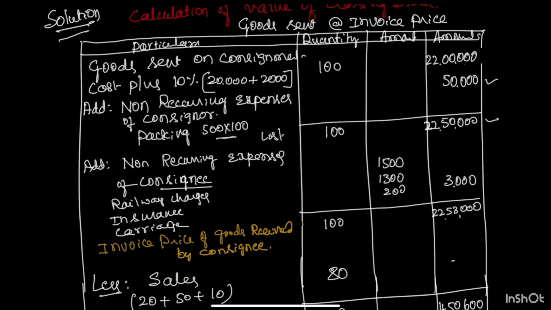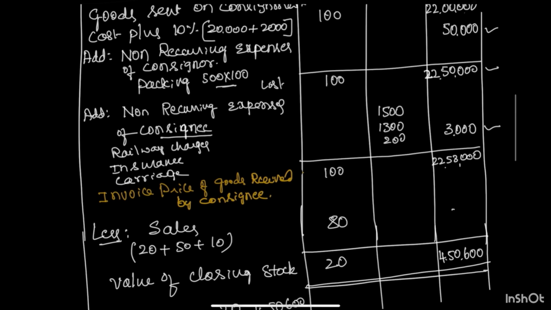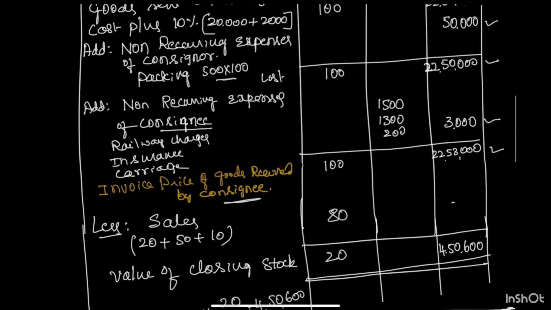And we need to add the non-recurring expenses of the consignee also. The total of non-recurring expenses is 3,000. So by the time the consignee receives the goods, the invoice price of the goods received by the consignee becomes 22 lakhs 53,000.